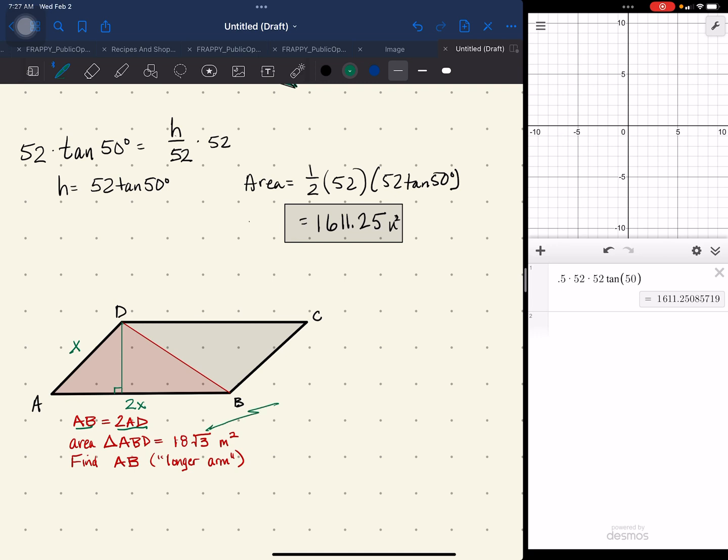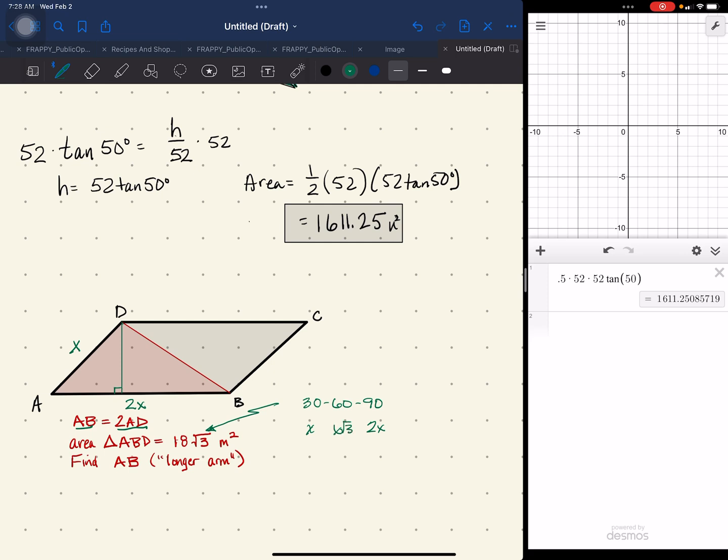Anytime I see a square root of 3 when I'm talking about triangles, my little warning bell goes off and makes me think of the 30, 60, 90 special triangle, where the side opposite the 30-degree angle has a ratio of 1, the side opposite the 90-degree angle is 2 to 1, and then the 60 is x root 3.